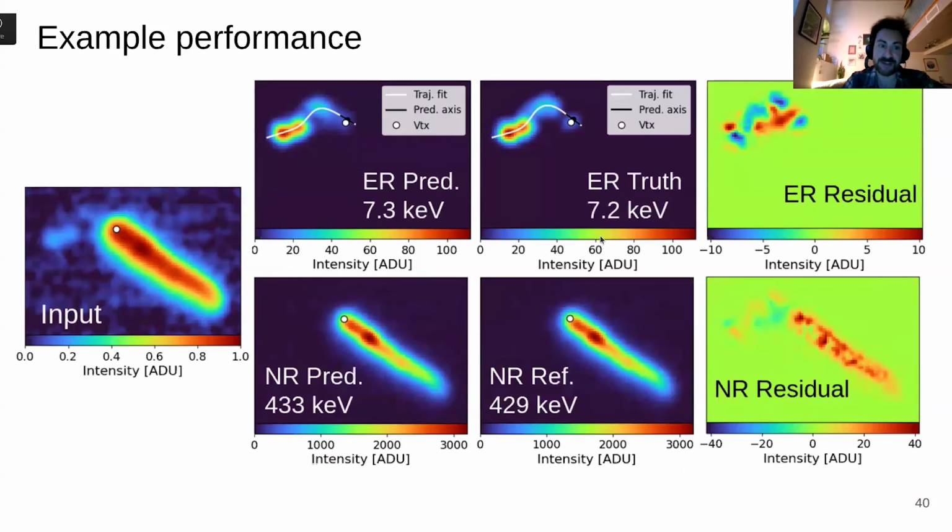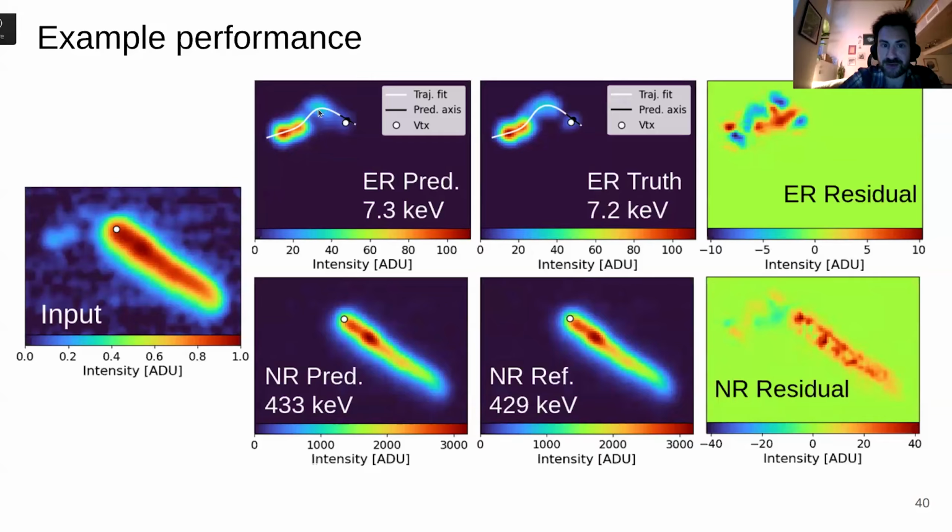What that ends up giving us is something that does a really good job. Given an event like this, where we have our electron recoil and our much brighter nuclear recoil, we can predict an electron recoil that looks like this. This is what it looks like within the region that's buried in the nuclear recoil. Here's the true answer. They look qualitatively similar.